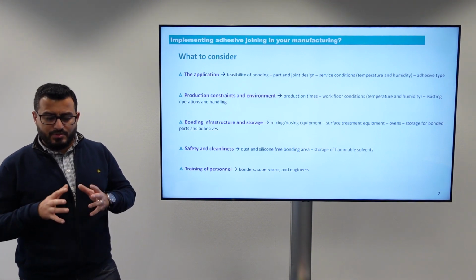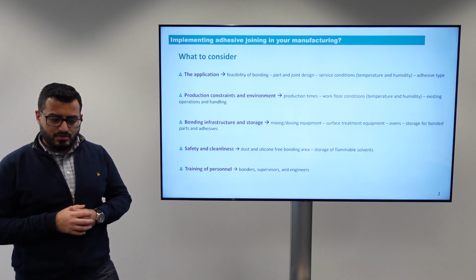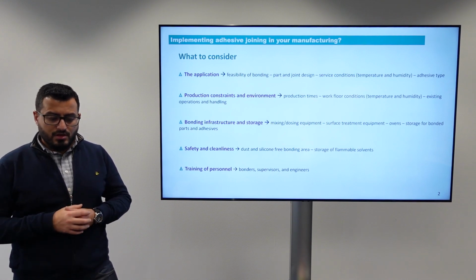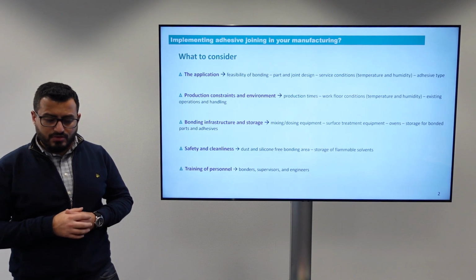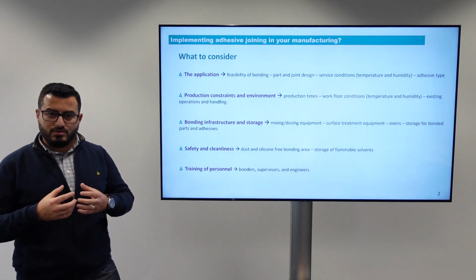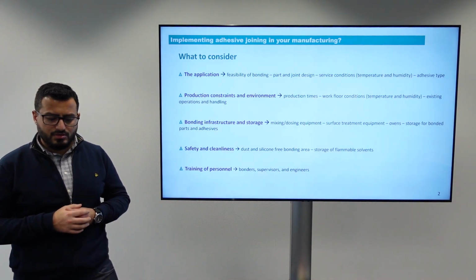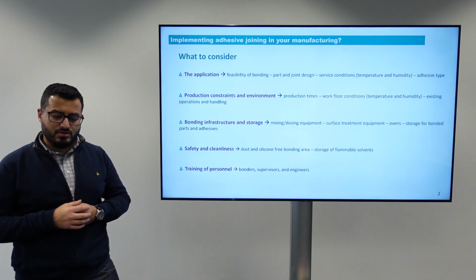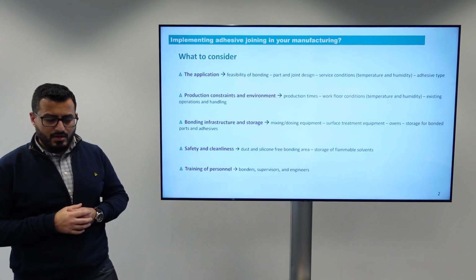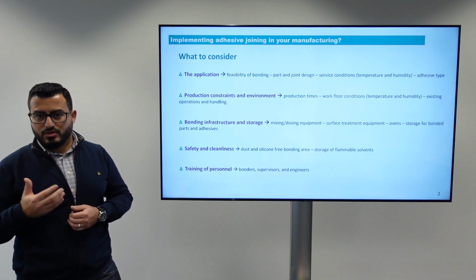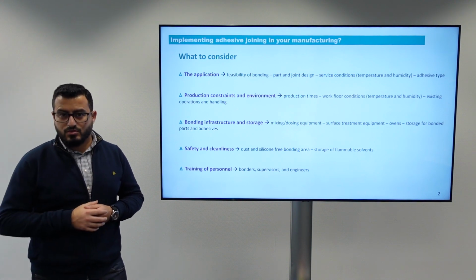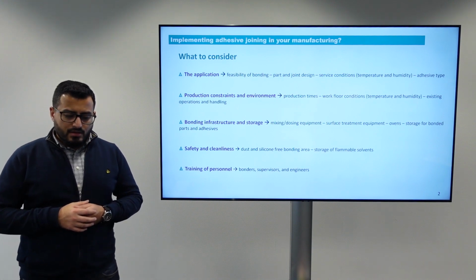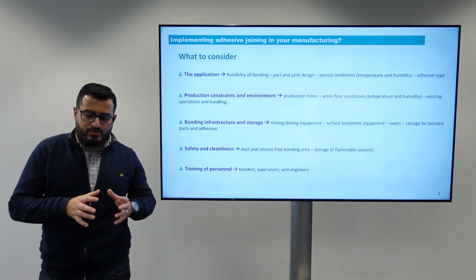First is the application. So you need to consider your application. Is it feasible to use bonding in your application? What is the part and the joint design that you would consider? Also, what are the service conditions of your application in terms of temperature, humidity, for example? And this will, of course, dictate what is the type of the adhesive that you will use. Second aspect would be production constraints and environment.